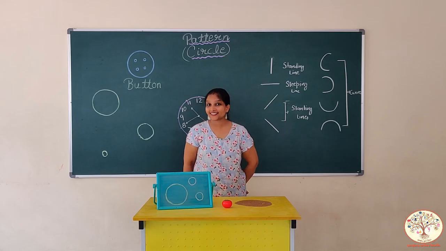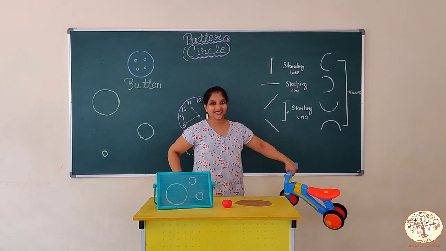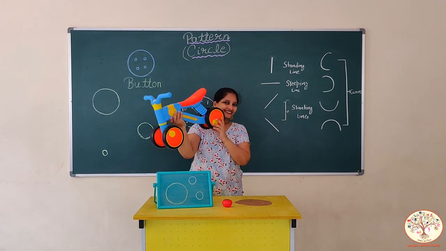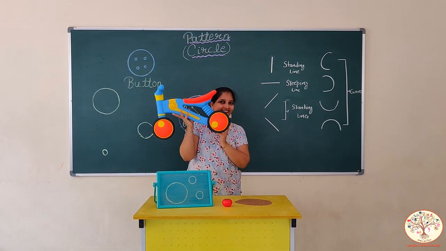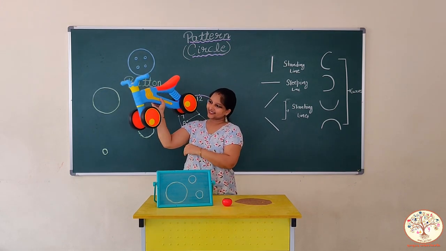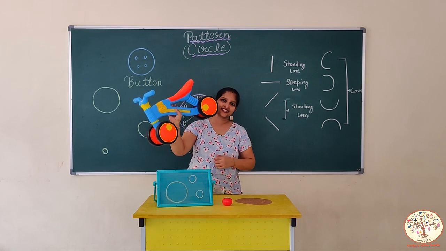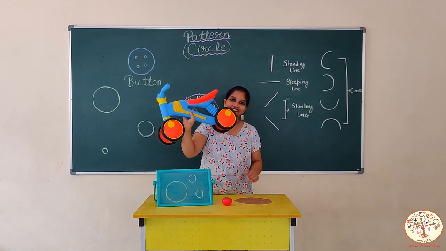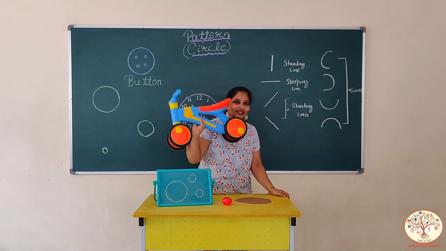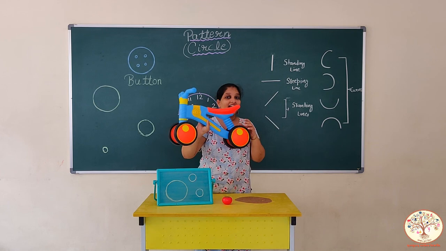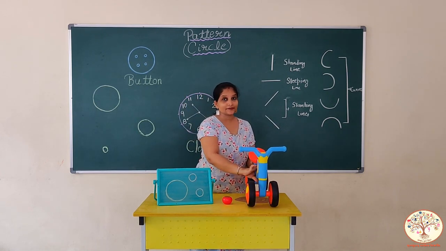Right? Children, see what I have got in my hand. A toy cycle. See? The wheel and the wheel of this toy cycle are round in shape. Right? Have you heard the rhyme?